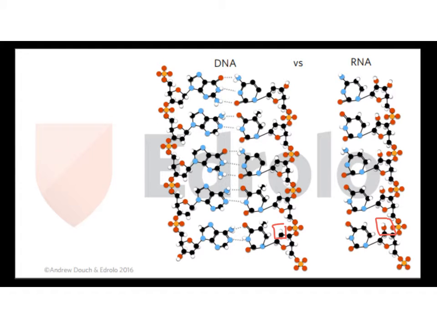The other thing is thymine and uracil that we discussed in the last slide, and that's this one down the bottom here and this one down the bottom here. So DNA is going to have a T or a thymine, while RNA has this uracil, and we can actually see that there's a difference in structure in this part of the nitrogenous base. So they're the three main differences in DNA and RNA.